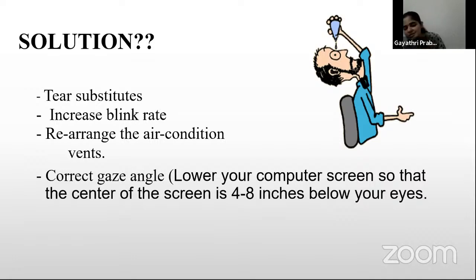You could also suggest they just wash their face with clean water. You can ask them to correct their gaze angle. Even if they are using their mobiles, if they're lying down and keeping their mobiles up, that is an incorrect position that will cause more dryness. So you could help them understand why the eyes are getting dry, and provide a solution accordingly.